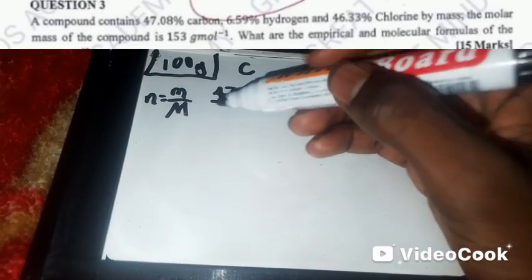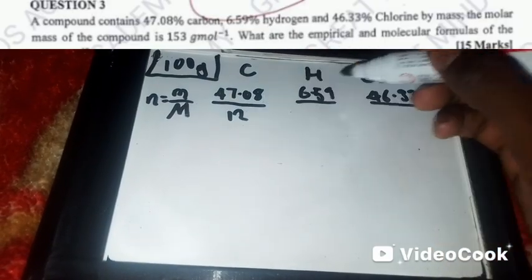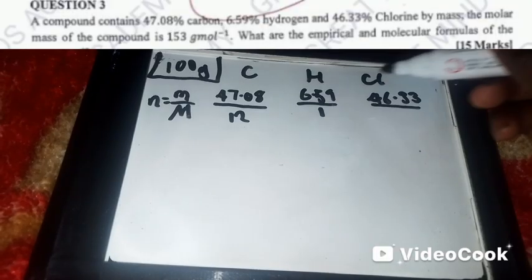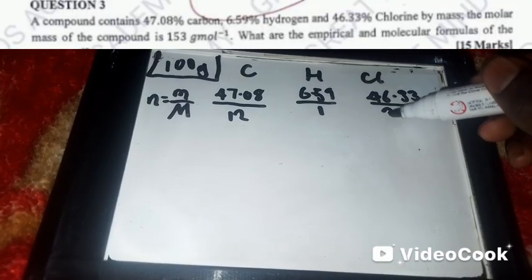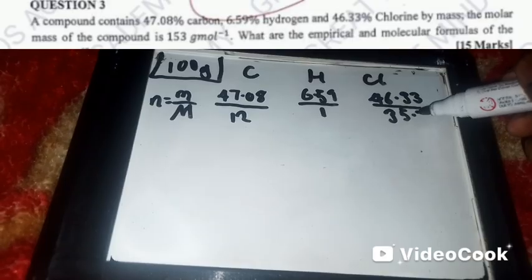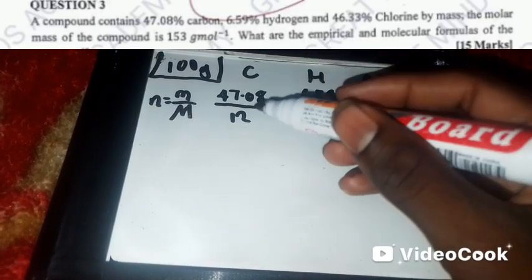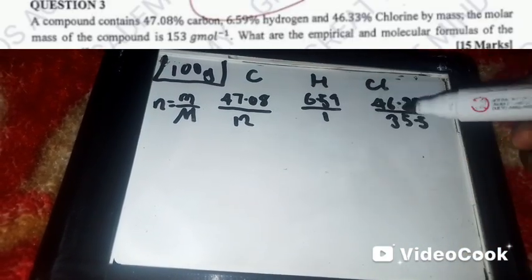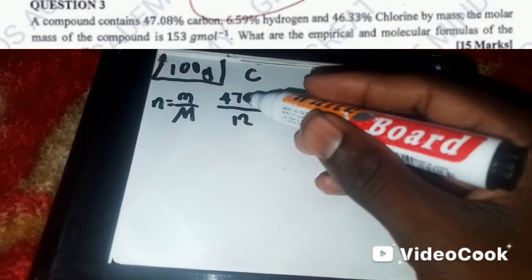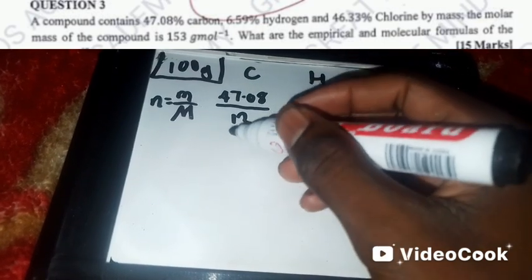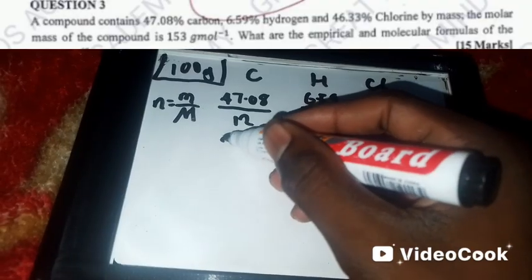So the mass of carbon is 12, the mass of hydrogen is 1, and the mass of chlorine is somewhat 35.5.